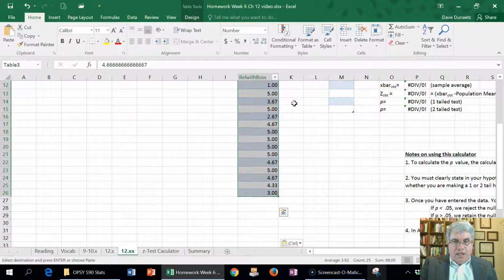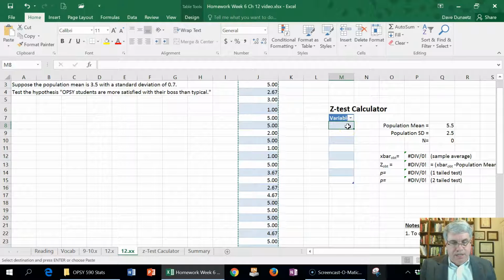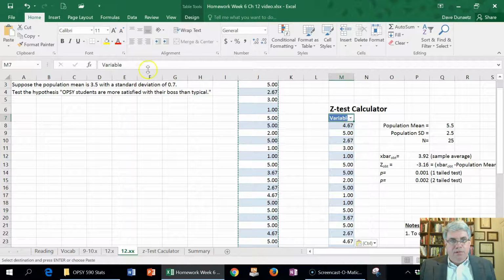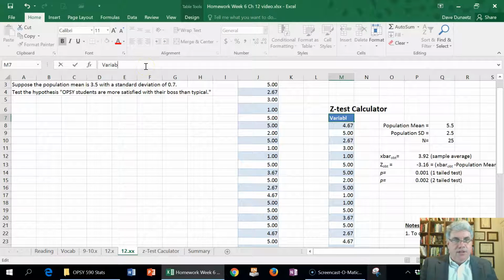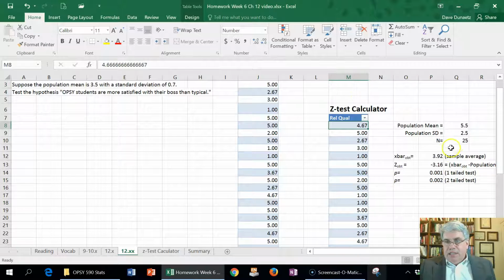So I can highlight it all with the Shift down arrow, Control C, and paste with Control V. And let's change the name of the variable to, let's call it relationship quality. And we can make it a little wider so we can see that.